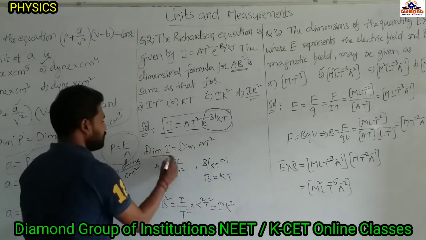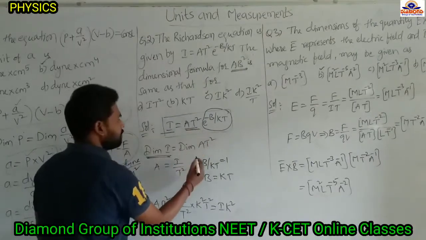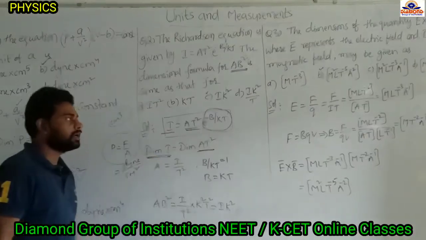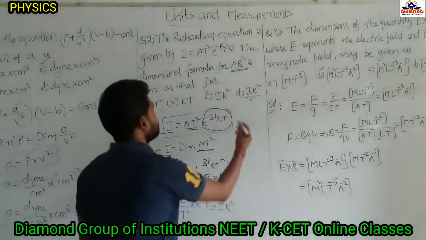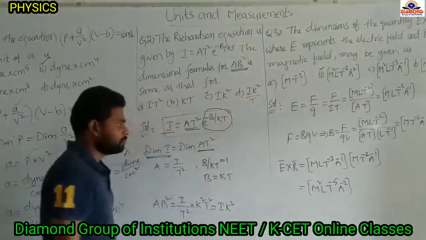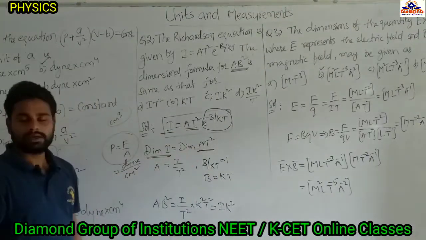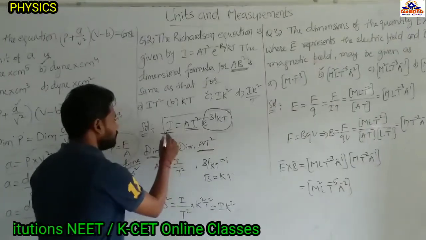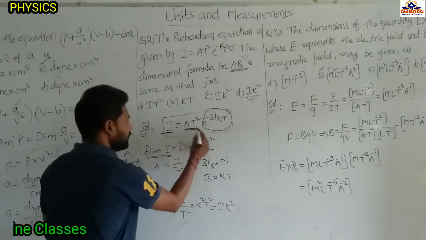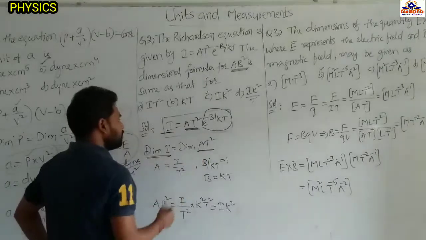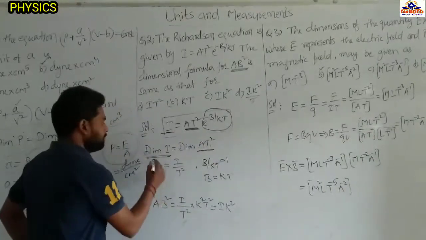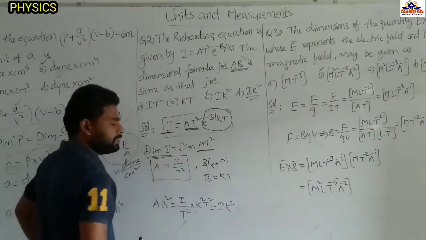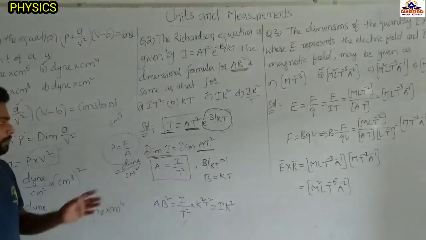So the dimensional formula of I equals the dimensional formula of A T². In the question they are asking the dimensional formula of AB², so from this we can find the dimensional formula of A. Now A equals, T² send this out, A equals I by T². Okay, A we got as I/T².